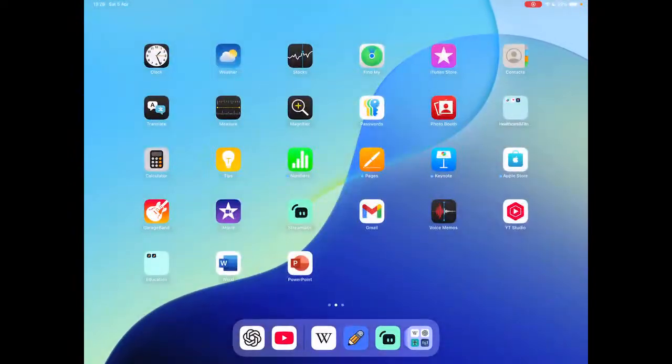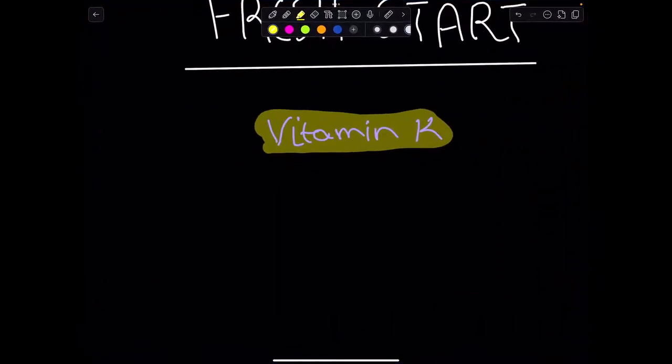Interesting. And what in its structure makes it fat soluble? Its structure includes a long, hydrophobic side chain, which allows it to dissolve in fats and oils.